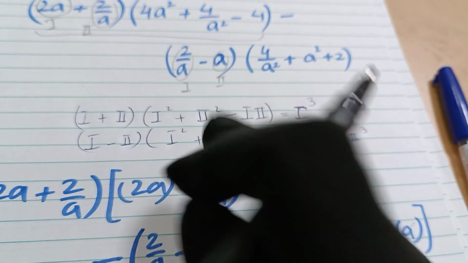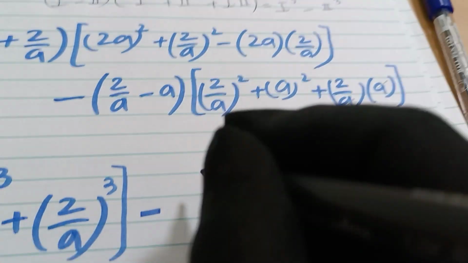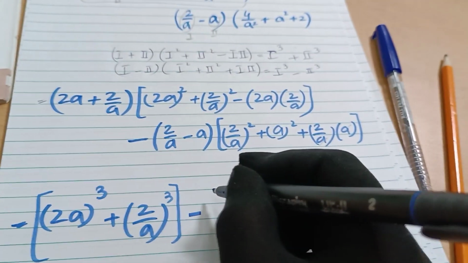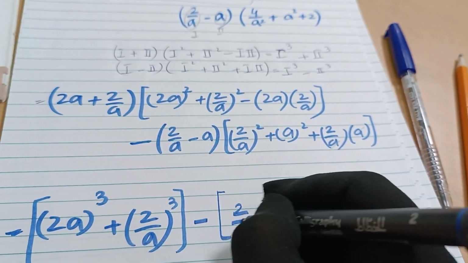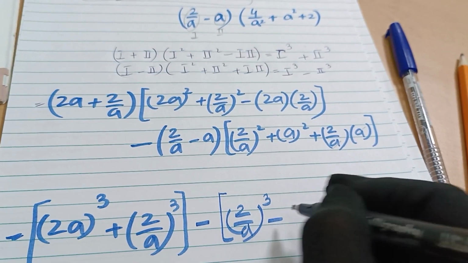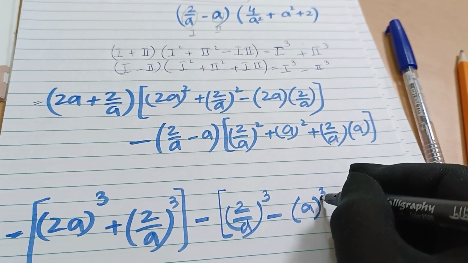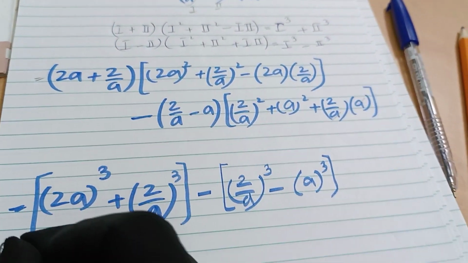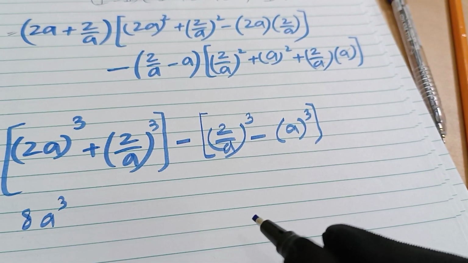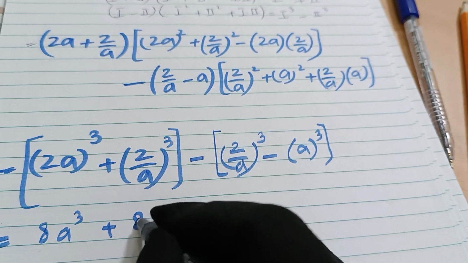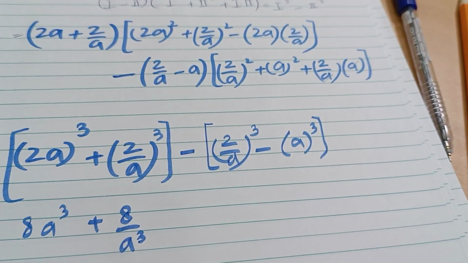So let's close minus sign in the center, and then it will be closed as first term means (2 by a) cube, second term means a cube. So now cube of the term is 8a cube. Cube of this term is 8 over a cube.